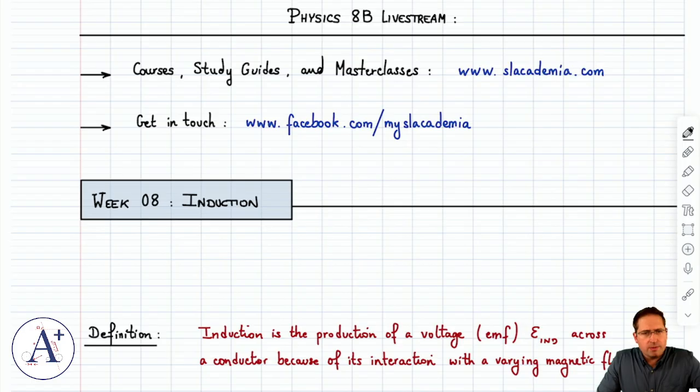This week we're going to be talking about induction, and induction is a tricky one. It's interesting because there's very little material, but it is still very confusing. Conceptually, it's hard to wrap your head around induction, but conceptually there isn't much.